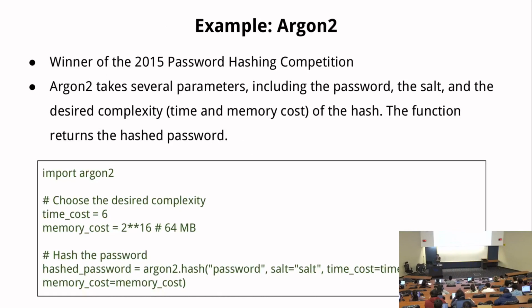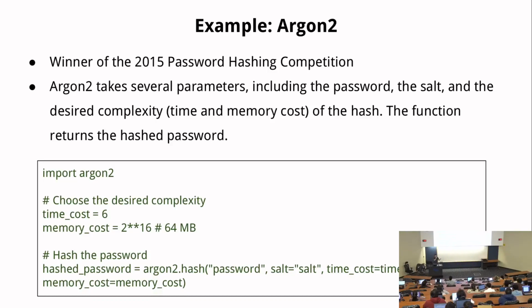Here I give you a small piece of code example so you can get a sense of how to use the Argon2 algorithm to hash a password. It takes the password, salt, and the desired complexity.